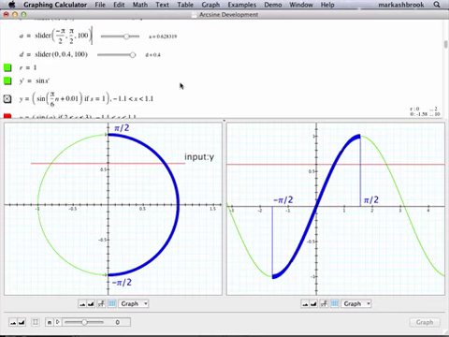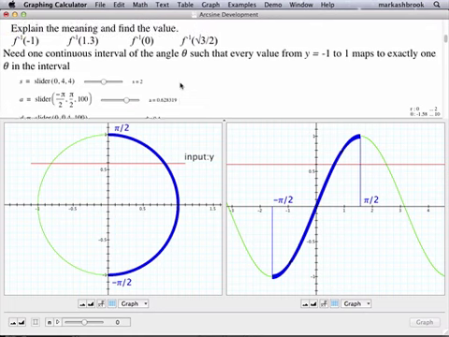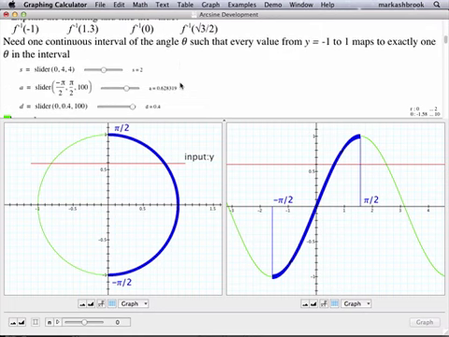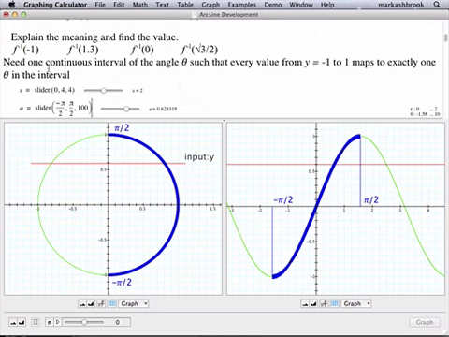Okay, so what I want you to do is, using that, do these again with this restriction that the angle has to be between -pi/2 and pi/2. So now we truly have a function that gives one angle for each input y. Solve those again, and I'll give you some more new ones.